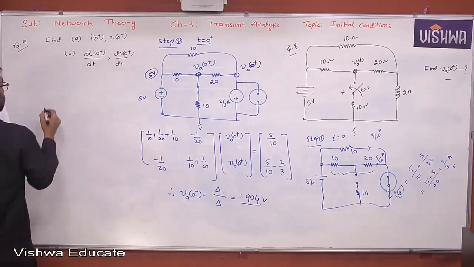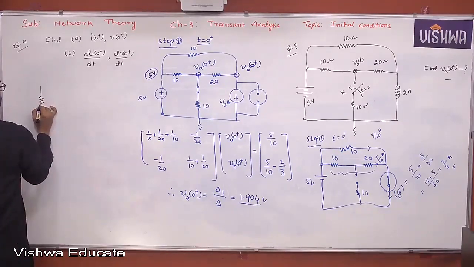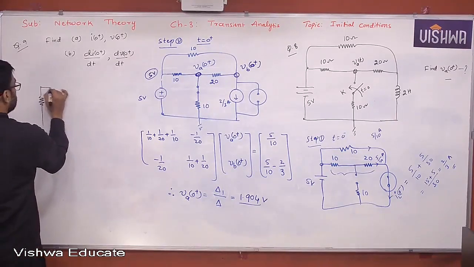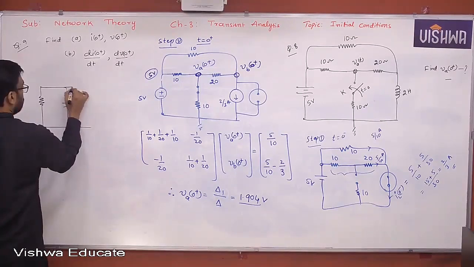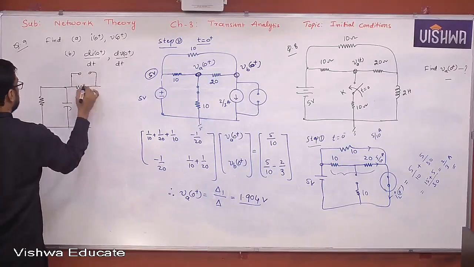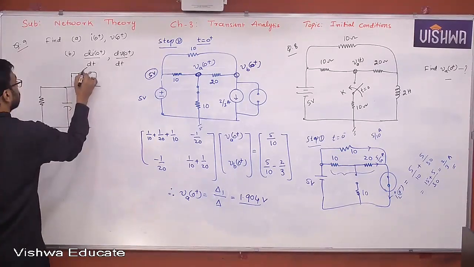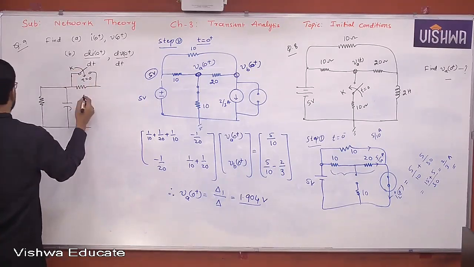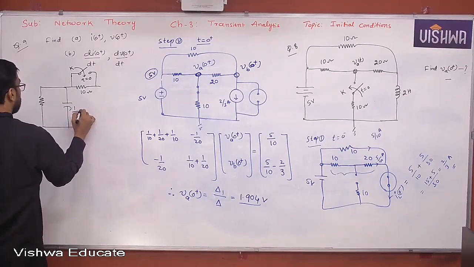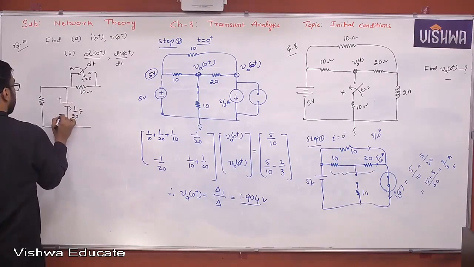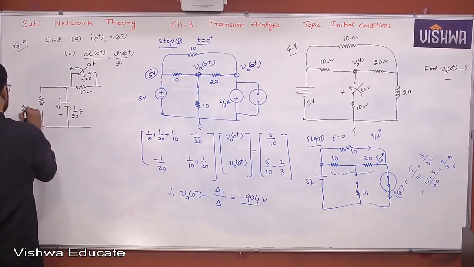What is the network given? Okay. 1 by 20 farad. This is V. This is 2 ohm.